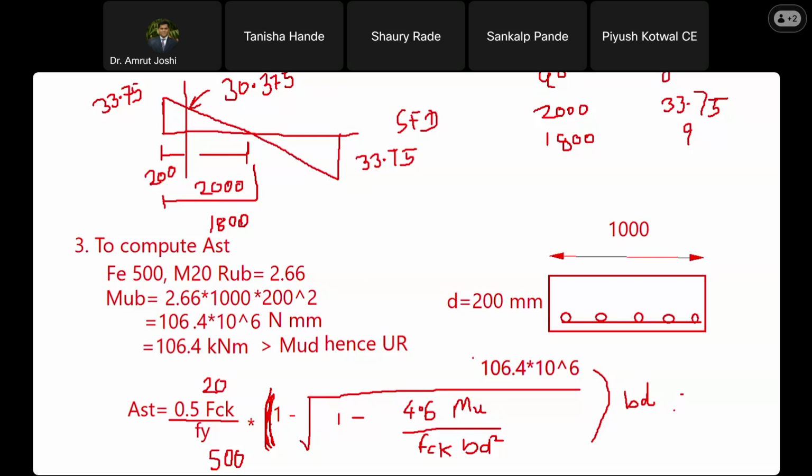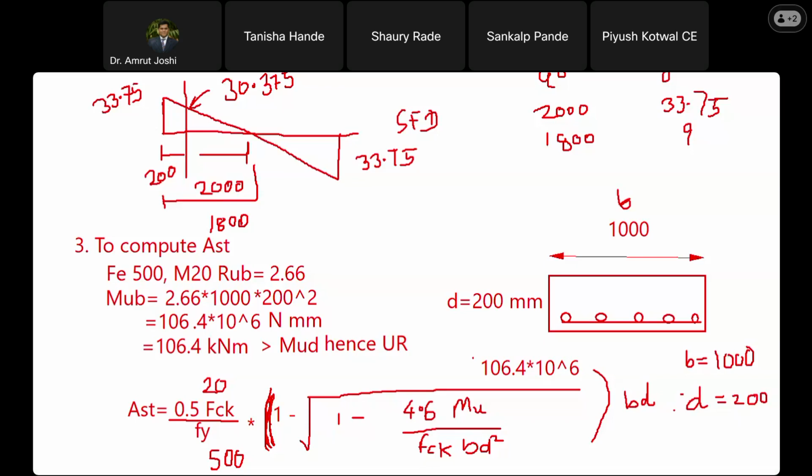Value of FCK here is 20. Value of B is 1000. Value of D is 200.